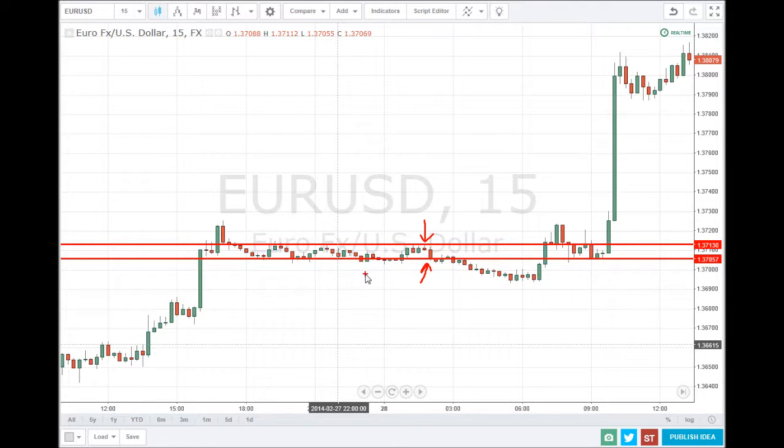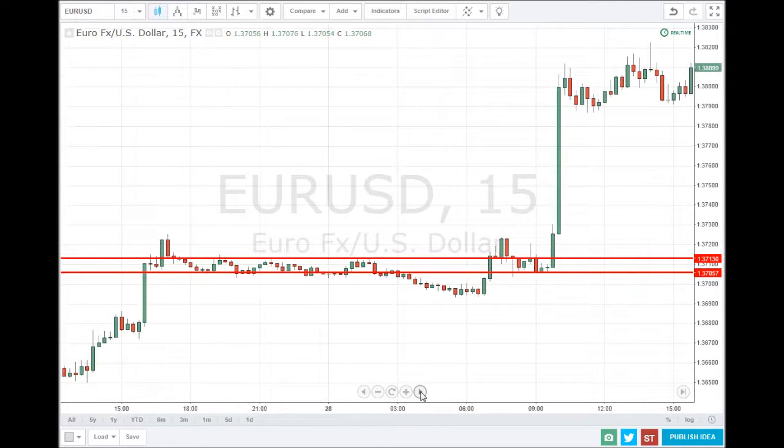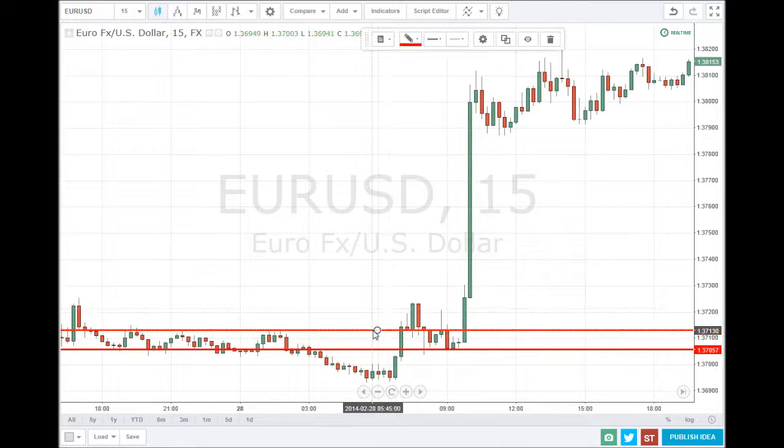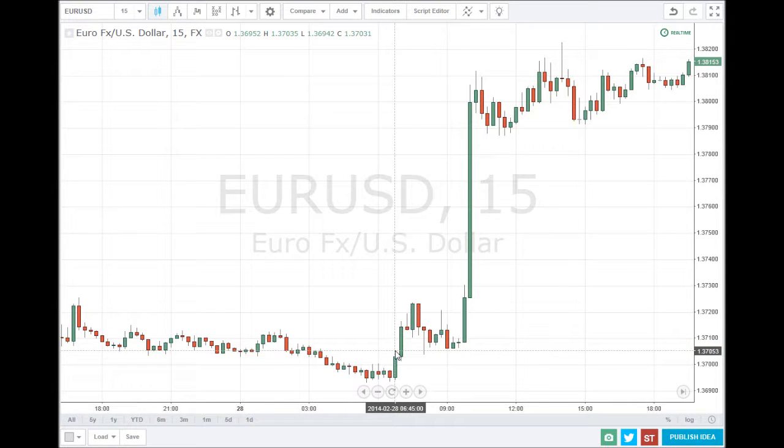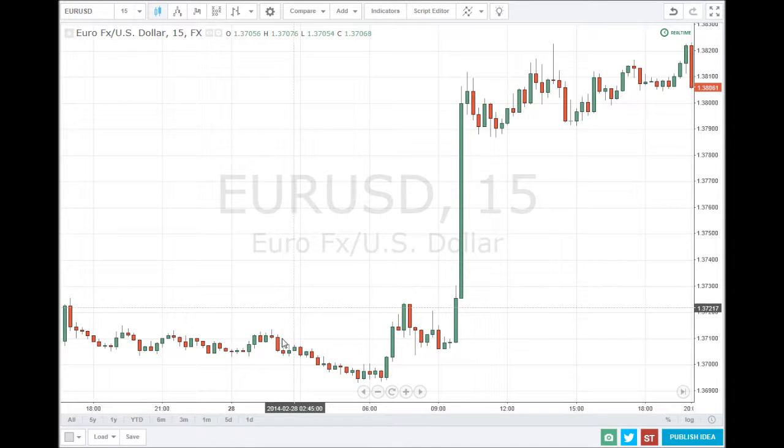Marking trend, support and resistance can also work to identify trends, not just ranges. Let's delete these lines and carry on marking trend, support and resistance. Price comes on the downside and it reverses.